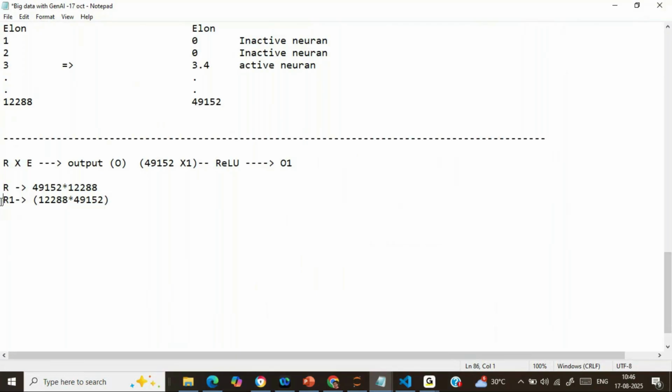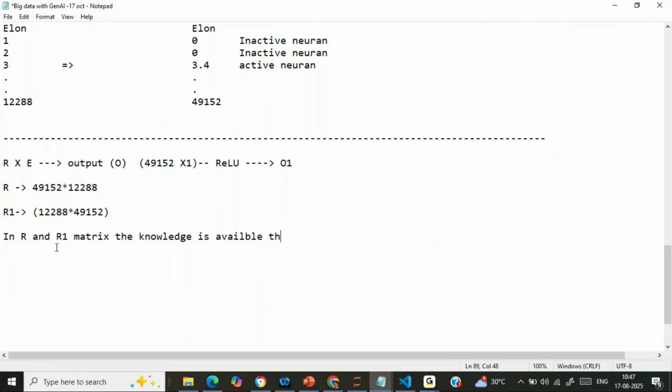Over here we have the stack of knowledge. Let me write it in the R and R1 matrix: the knowledge is available, and it came from the pre-training phase.